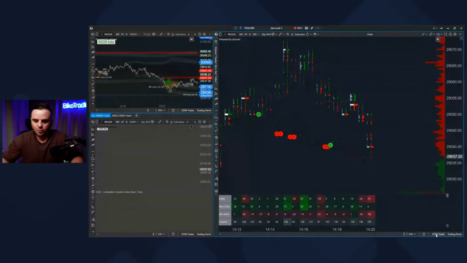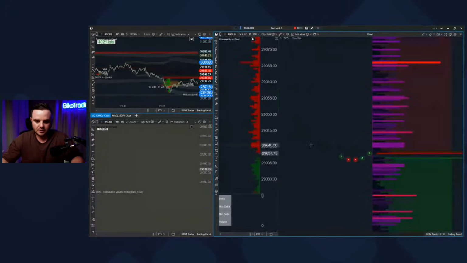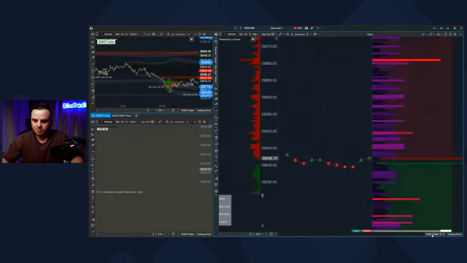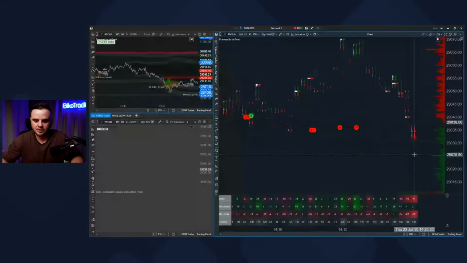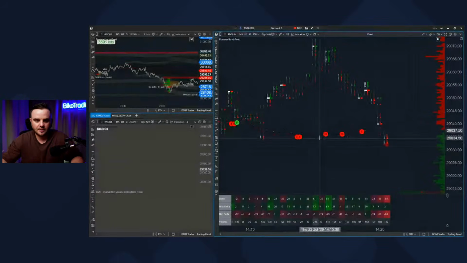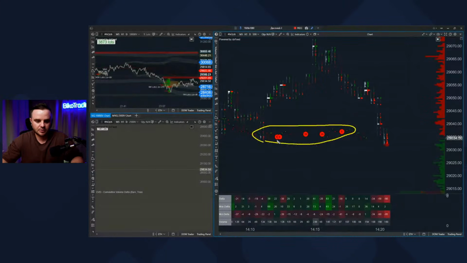You can open the classical DOM and see all limit orders, but for space saving, I use only this one. As you can see here, on the tape, -66, 39, 39.